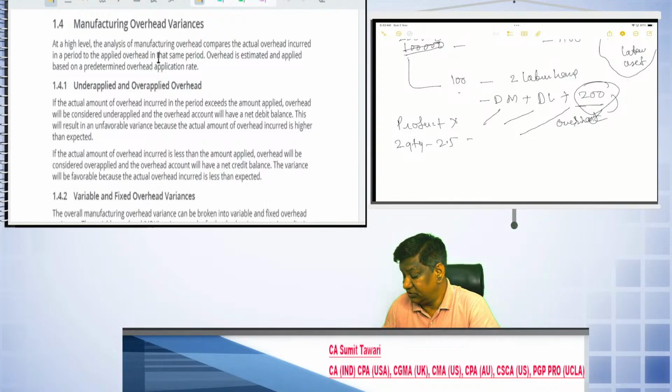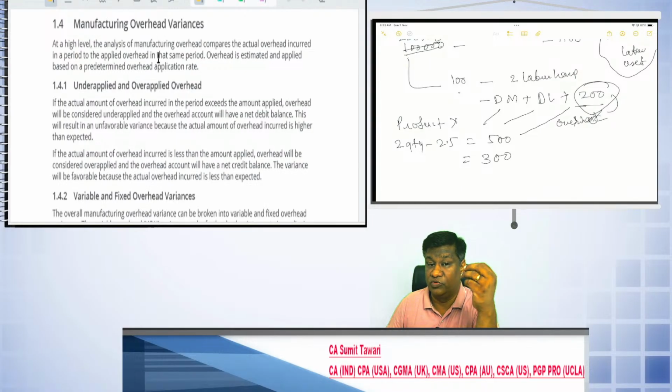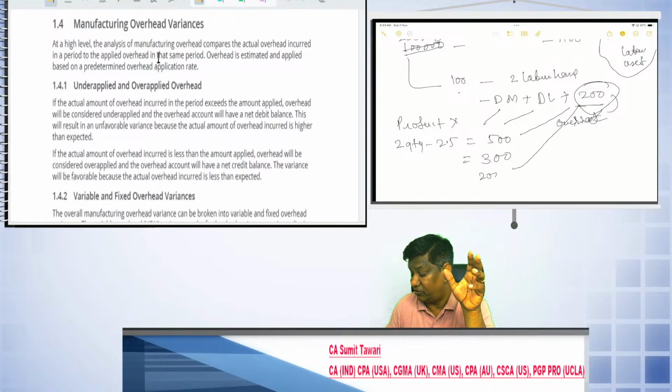So basically 5 is my direct material cost. The same way, actual direct labor cost is 3. Or I'll write 500 and 300. Okay, my actual overhead could be anything because it is not directly traceable. What I'm going to do is add this 200 to my product cost. So my product cost is basically 1000.